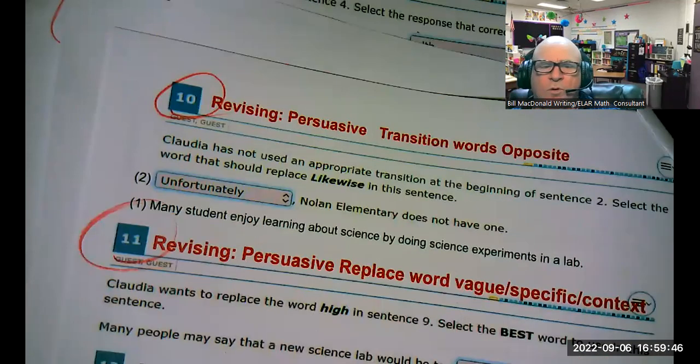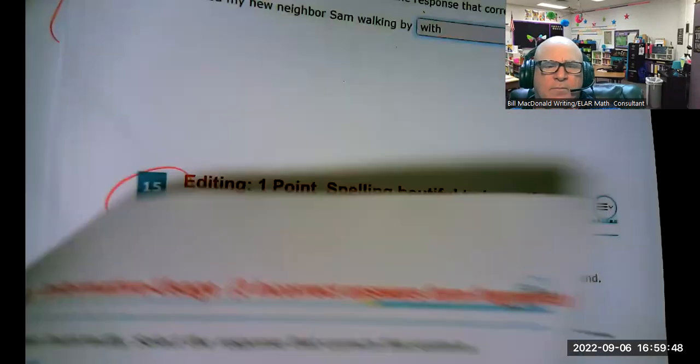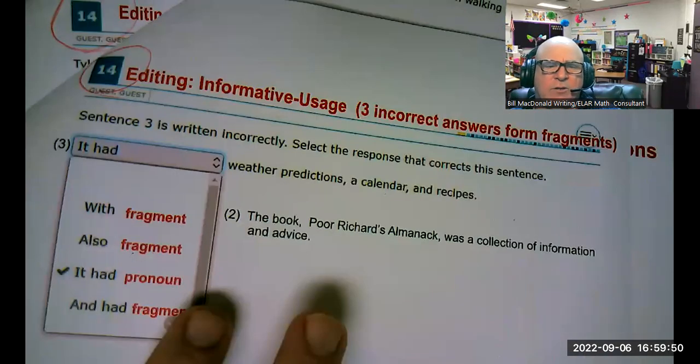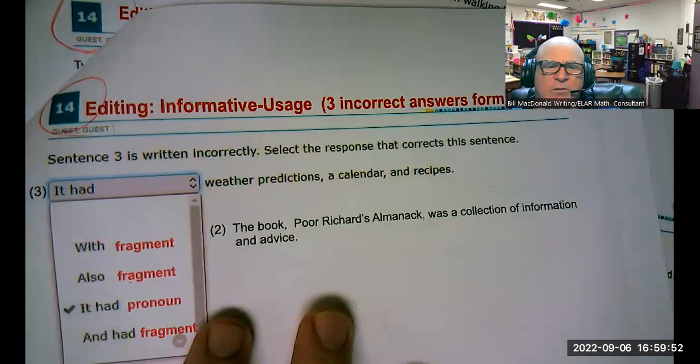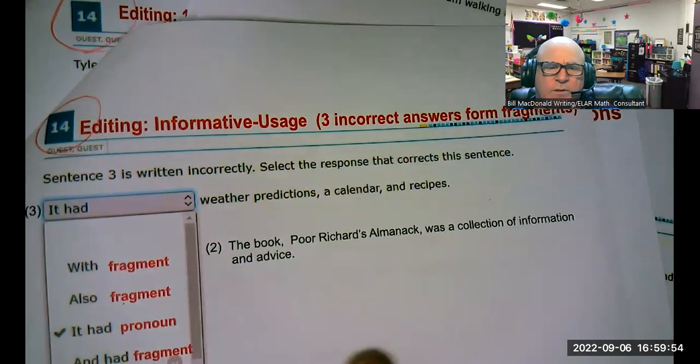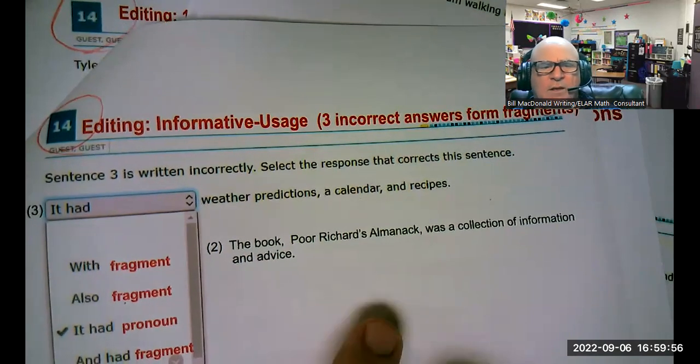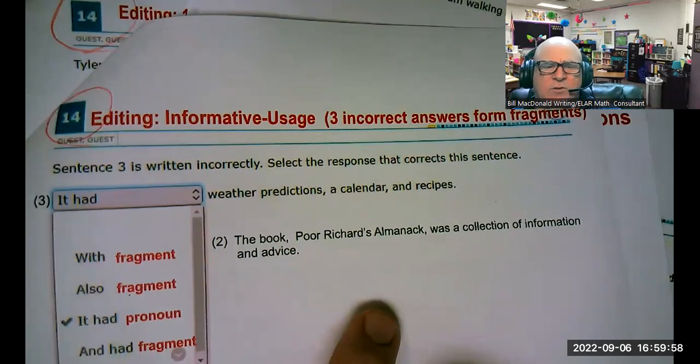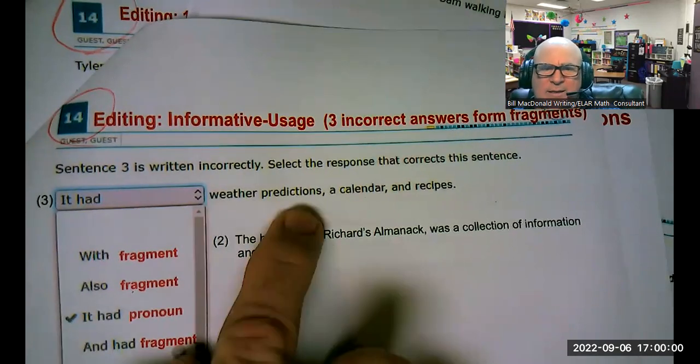And two more. There's three incorrect answers. Select the response that corrects this response. So it's written incorrectly. So you notice that the word error is not there.